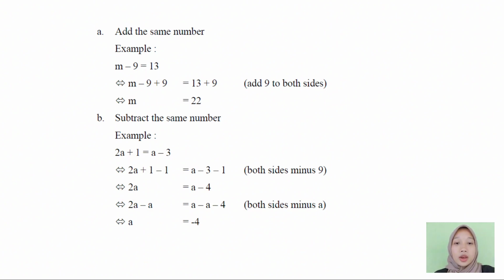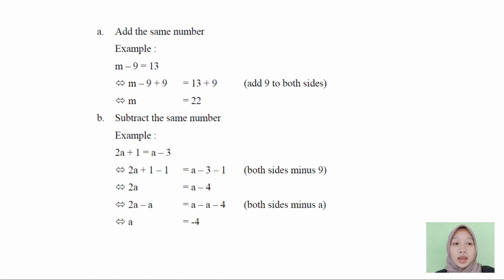For example, 2a plus 1 equals a minus 3. Next, subtract 1 from both sides: 2a plus 1 minus 1 equals a minus 3 minus 1, becomes 2a equals a minus 4.